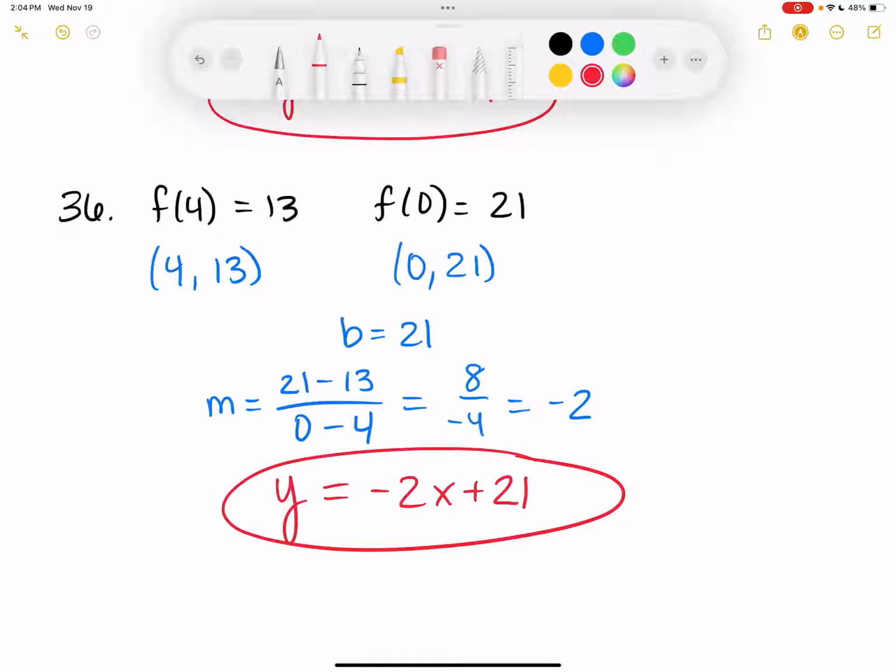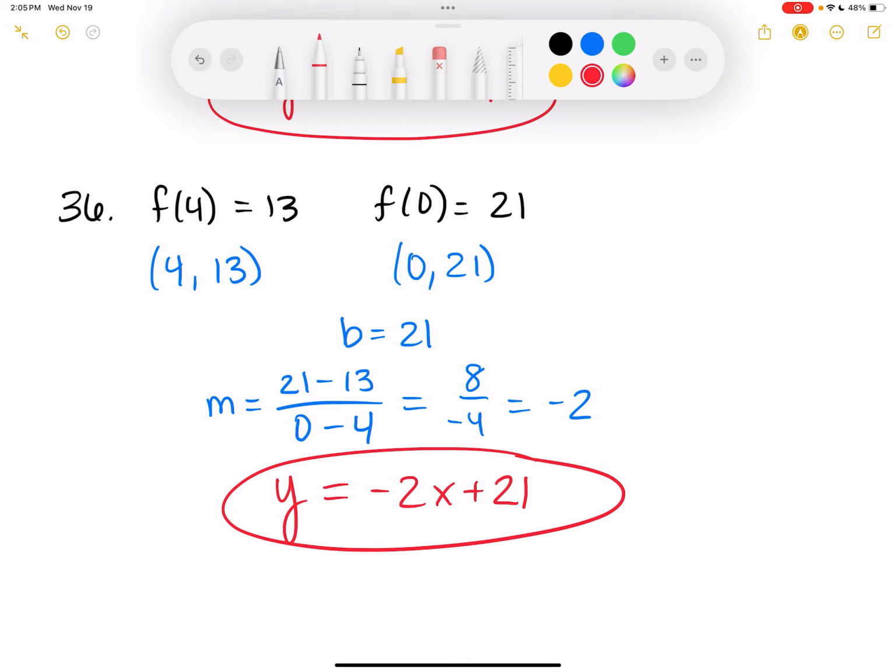Where is negative 2 coming from? 21 minus 13 over 0 minus 4 would be 8 over negative 4, which equals negative 2. Oh, I put it in wrong. Can I redo it? I would suggest it so you have the right answer.